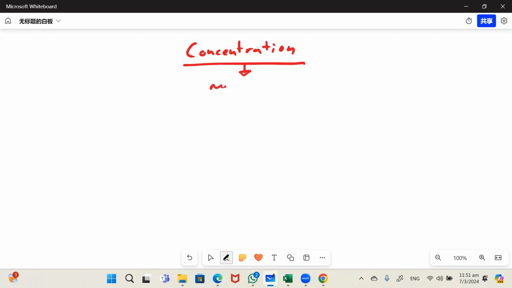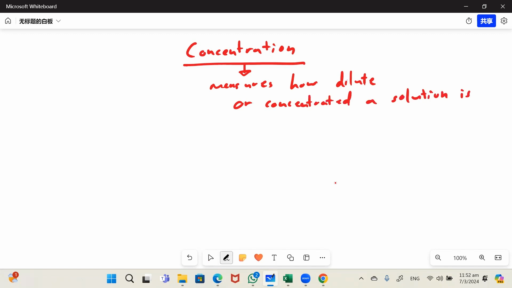It measures how dilute or concentrated a solution is. Solute is what again? Very good question. Solute plus solvent. I know. You know. That's great. Solute plus solvent.